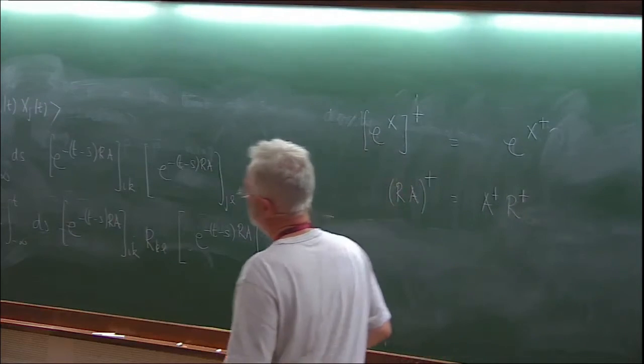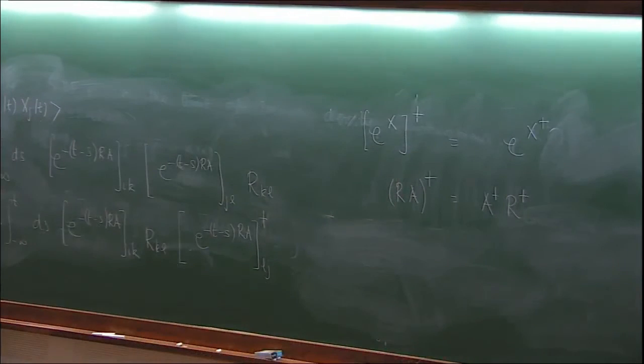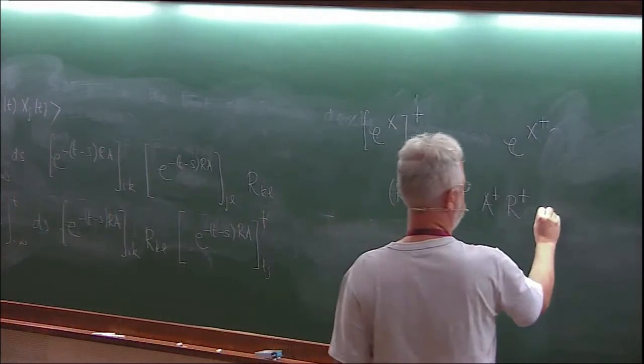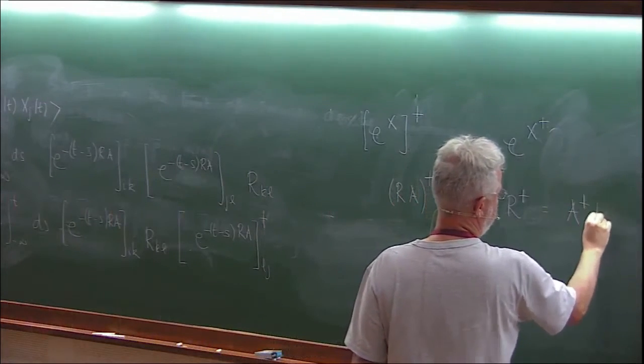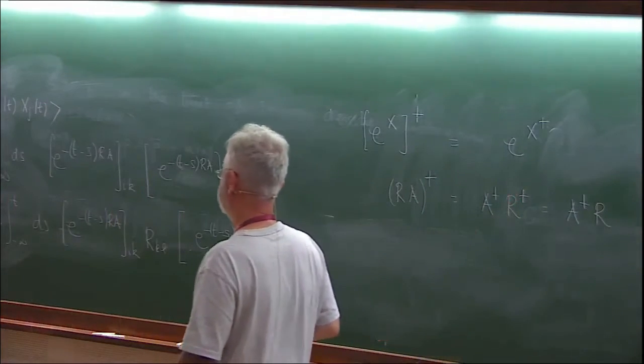Now look, R was defined as a correlation function of noise. So when I and J switch, it has to be symmetric. So R is actually self-adjoint. Now I can write this in a nice way.